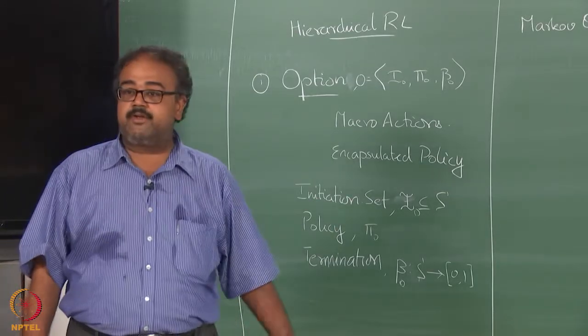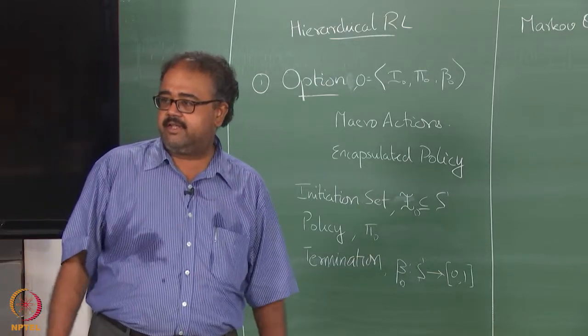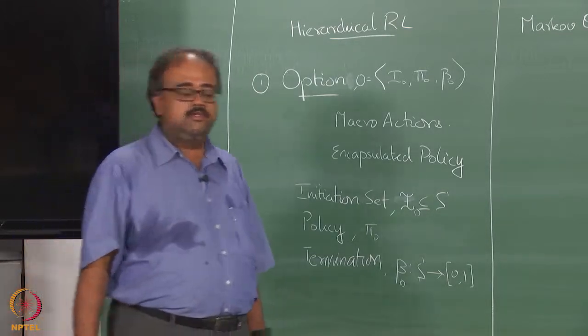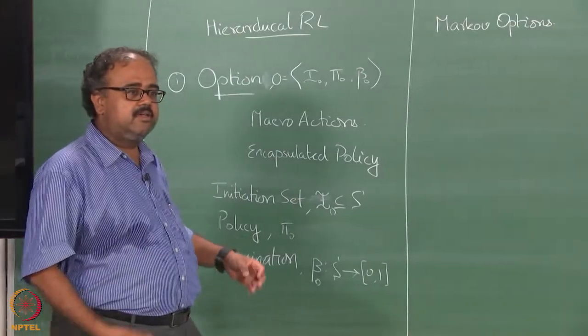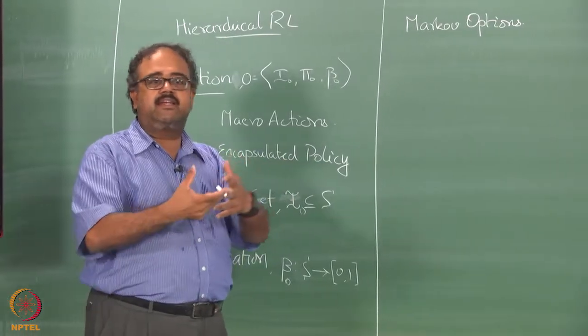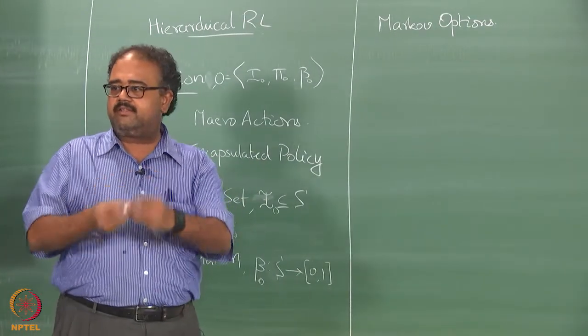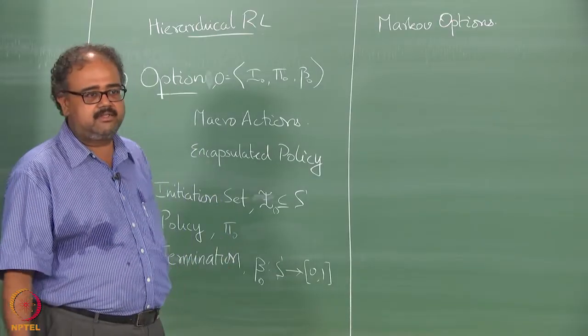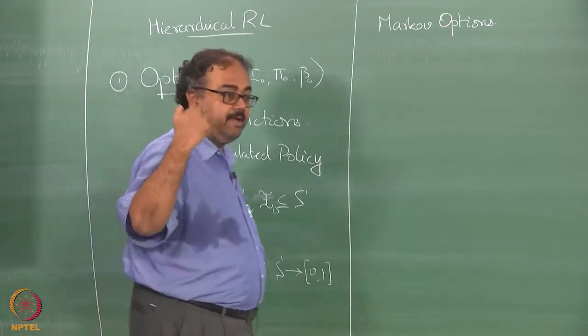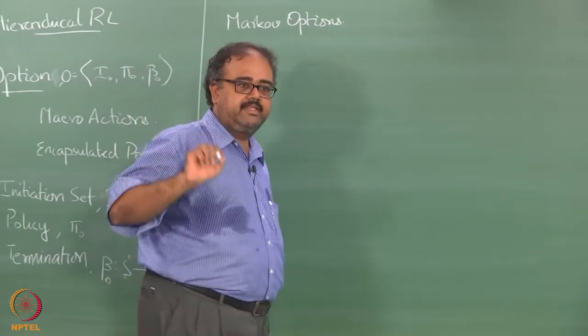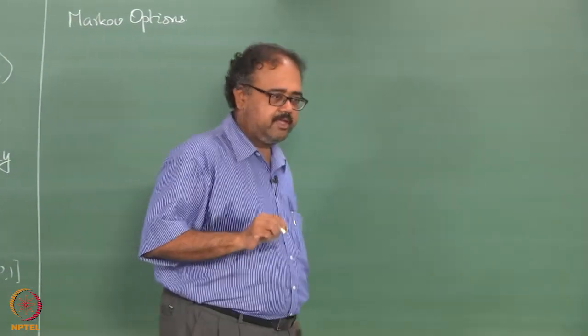So pi naught is defined only on the current state. So these are Markov options. The nice thing about Markov options is I don't have to worry about where I started the option. Wherever it is, it will be the same action. So if I am in a particular state and I am executing that option, then I will take the same action.